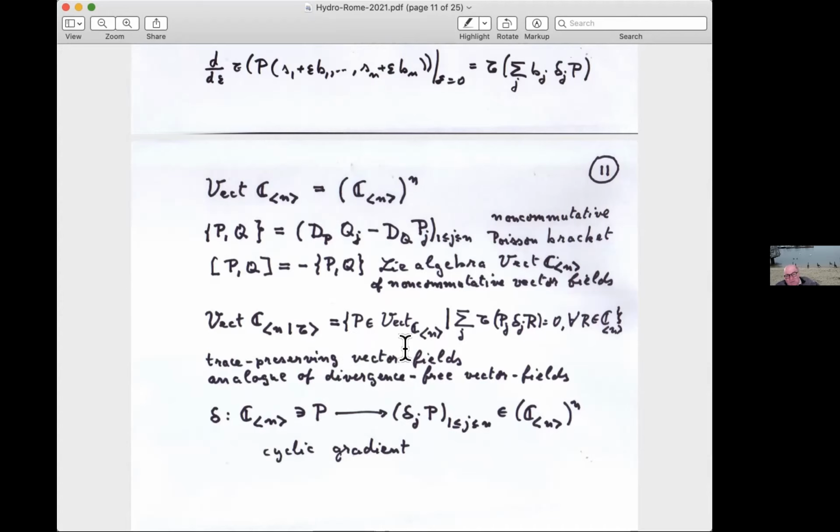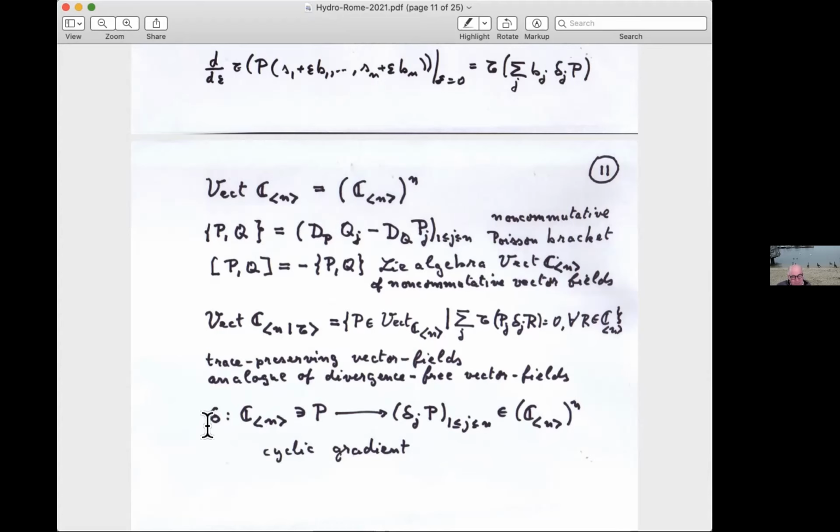So these are such n-tuples of polynomials, which have the property that, taking R, another polynomial, and its partial cyclic derivatives, the sum of tau of Pj times delta j R should give 0. It's like a scalar product. So this is the analog of the divergence-free vector fields.